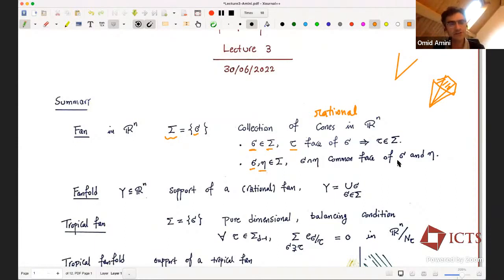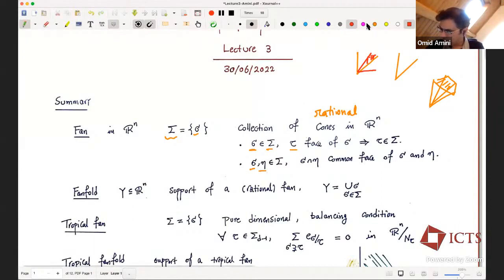Okay, so in another way, the collection of cones is also stable under intersection, and this intersection should be a common face of both the cones. So for example, if you have a cone like this, it is not possible to have another cone which is like this. Then there will be some intersection which is not a common face of the red cone and the orange cone.